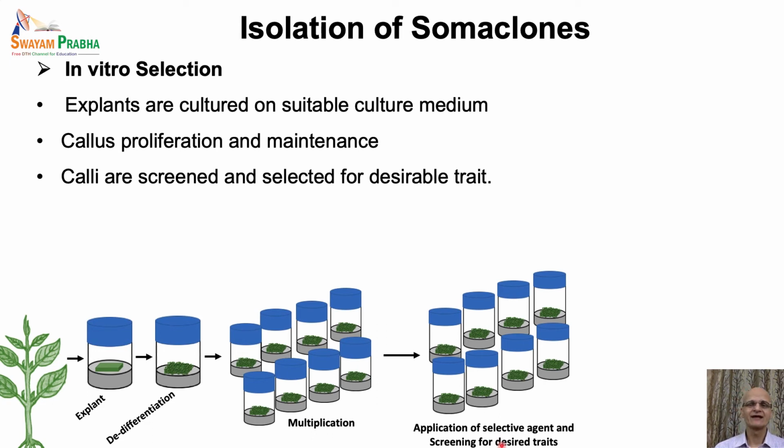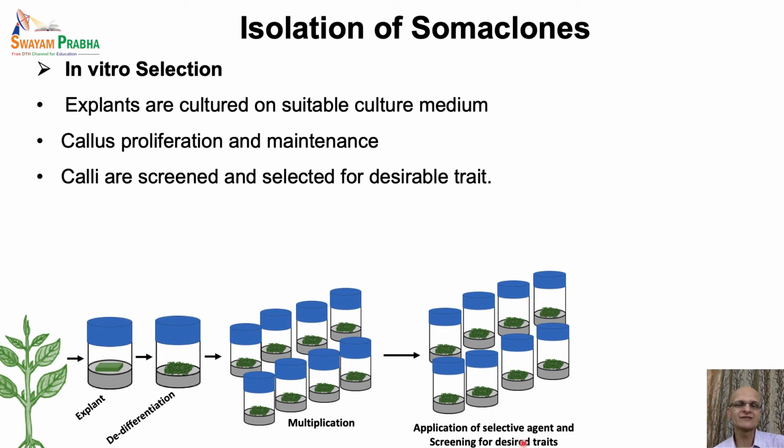Therefore, these calli can be exposed to the selective agent, which may be an inhibitor or a toxin from a pathogen that causes the disease, or it may be simply an abiotic stress factor like high salt concentration if we are looking to identify somaclones that can grow in salty water, or maybe temperature sensitive, high heat or drought conditions. So these calli are cultured on media supplemented with the selective agent.